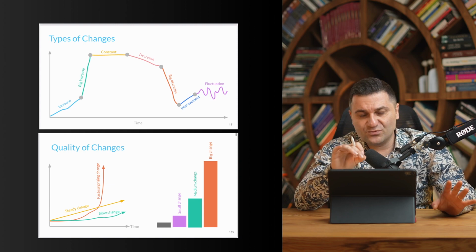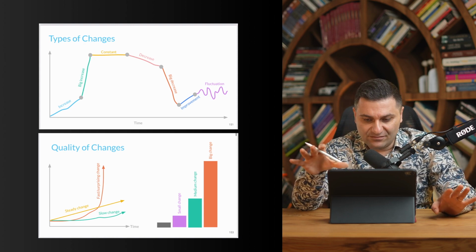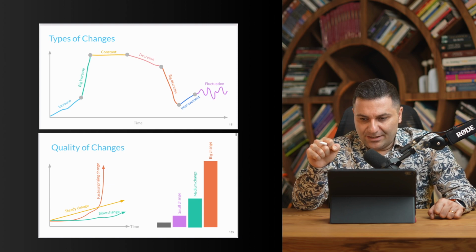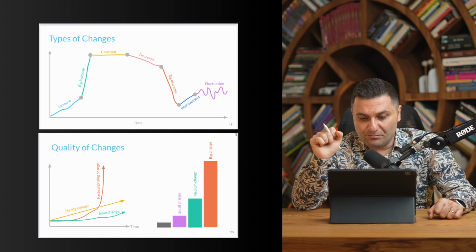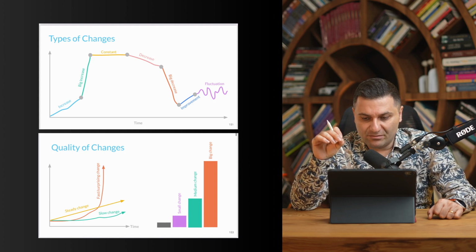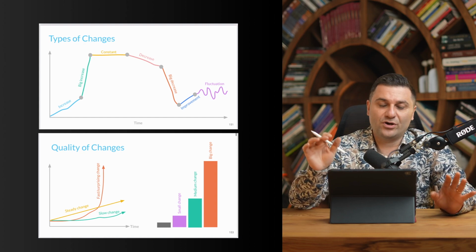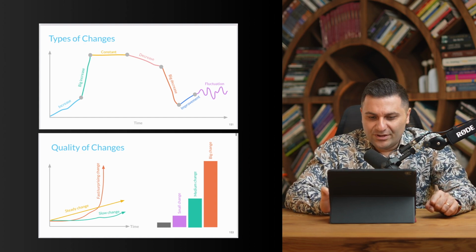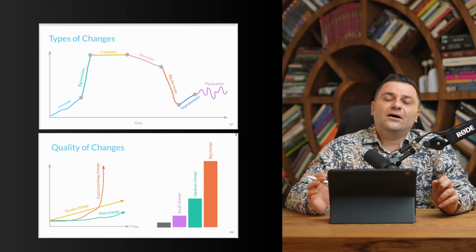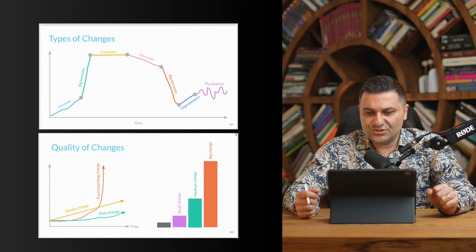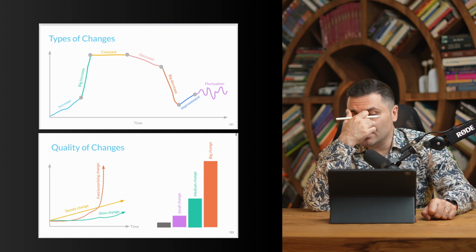For each of these, we use different adjectives and adverbs, right? So there can be no change, small change, medium change, and big change. We are going to work on all the adjectives and adverbs describing the quality of change of the data. Now, let's start with our simple structures.